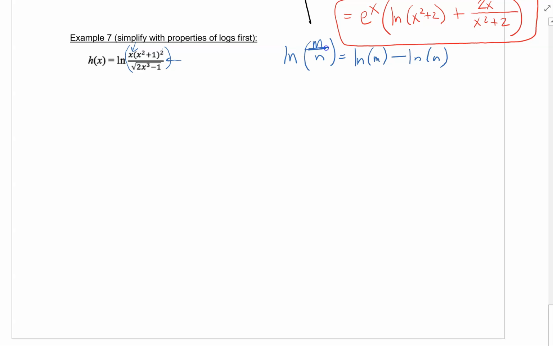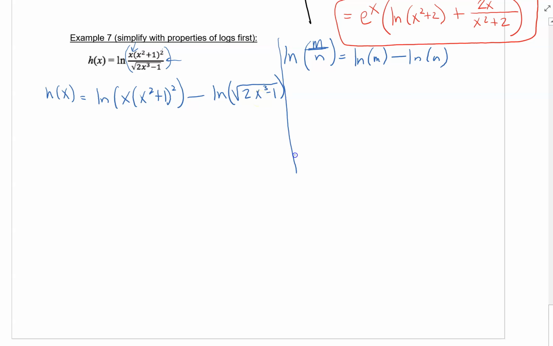That's called the quotient property of logs. So then over here, that means that h of x is actually just the natural log of this part in the numerator, x times x squared plus 1 squared, and then minus the natural log of this part in the denominator. So still chain rules are having to apply, but at least it's not going to require a quotient rule.